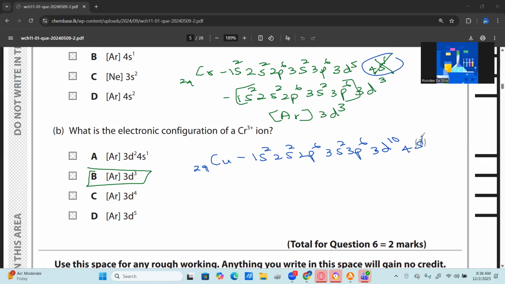Only in chromium and copper you have 4s1, because in order to become stable, one electron from 4s will go to the 3d energy level. Then this has the half-filled stable electronic configuration, and this will have the completely filled electronic configuration. Then we go to the next question.